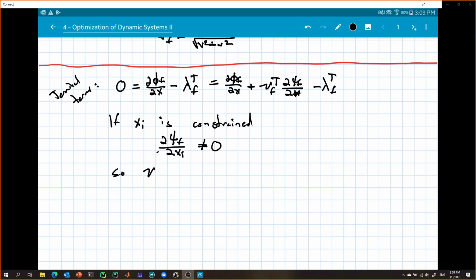The ith element of nu can change to make the equation 0. So that's the proper way to say it. If this term is not 0, I can set that element of nu to be anything to balance out these other two terms. So nu is constrained, but these other two, which includes this final co-state, is free.